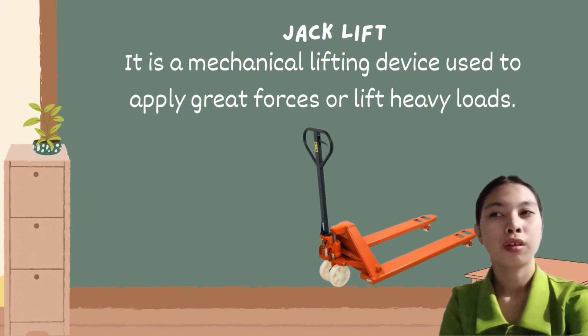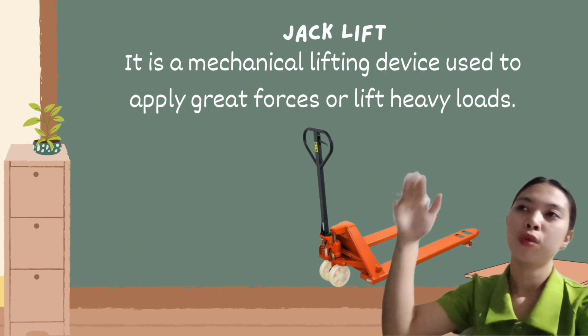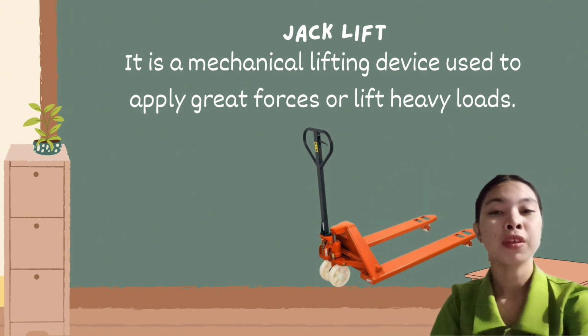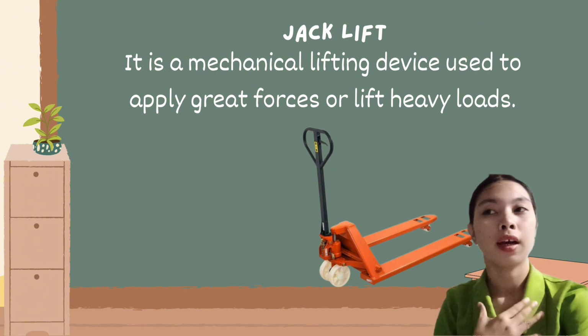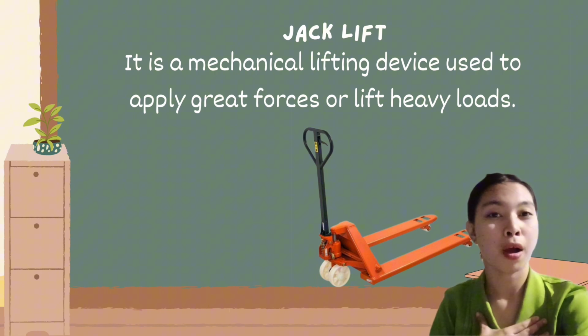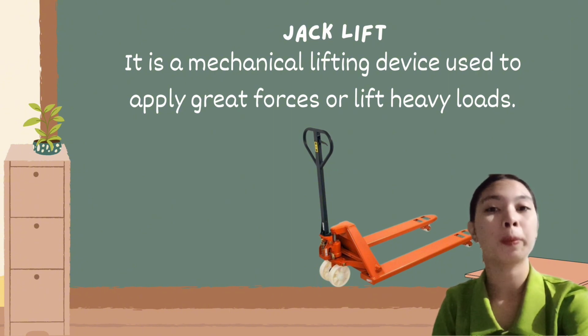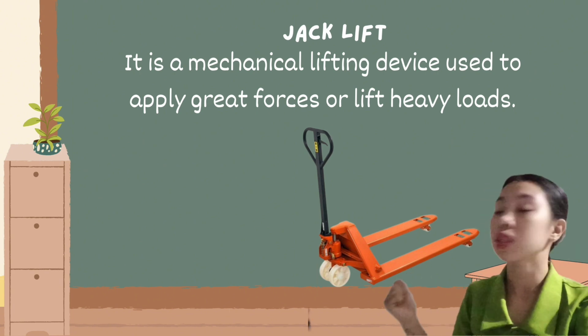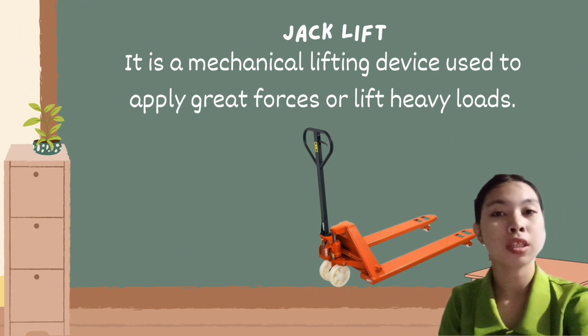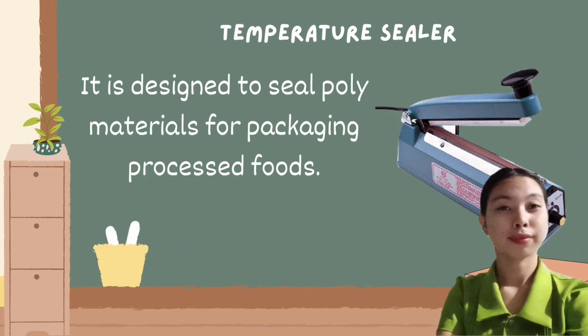And then the jack leaf, ito naman is, ito yun sa mga food preparation na kapag kunyari box-box na yung mga pagkain na ginagamit nyo, pwede tayong gumamit ng jack leaf, so hindi na tayo magbubuhat. Kumbaga, hindi na siya kayang buhatin ng manpower, kailangan natin gumamit ng equipment. So, we will just use jack leaf para mas mapabilis yung ating process.